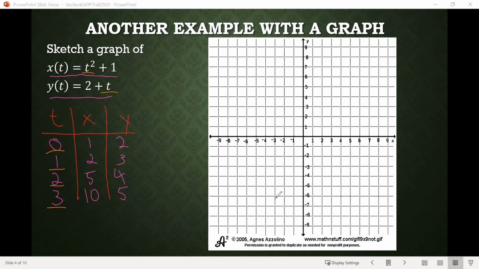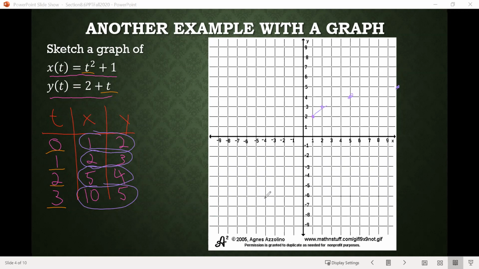And notice what this has given us now is a set of coordinate points, right? So we can think of each of these as pairs that go together that we can use to plot points over here on our picture. So if I'm plotting the point 1, 2 right here, there's 1, 2, we have 2, 3, and then 5, 4, and then we have 10, 5 here.